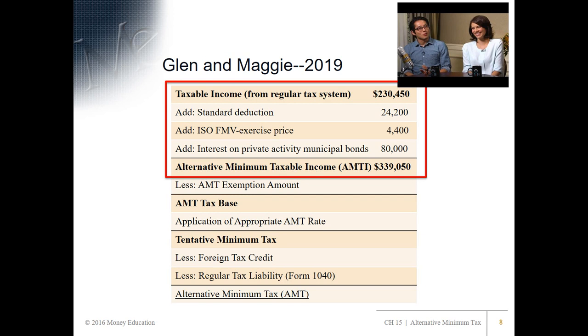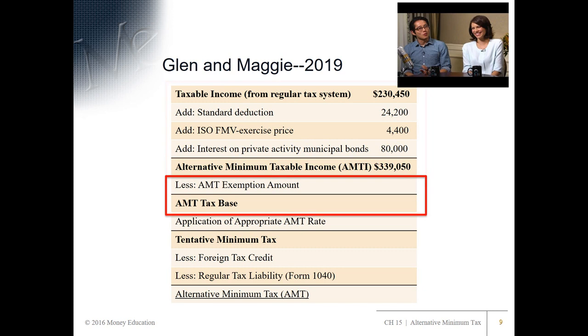Interest on their private activity municipal bonds is $80,000. We have to add that back. And so we come up with an alternative minimum taxable income of $339,050.